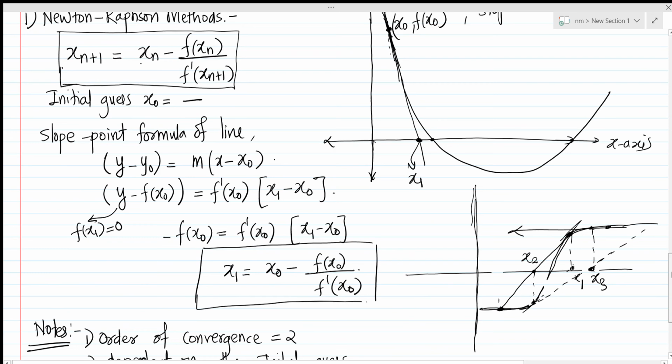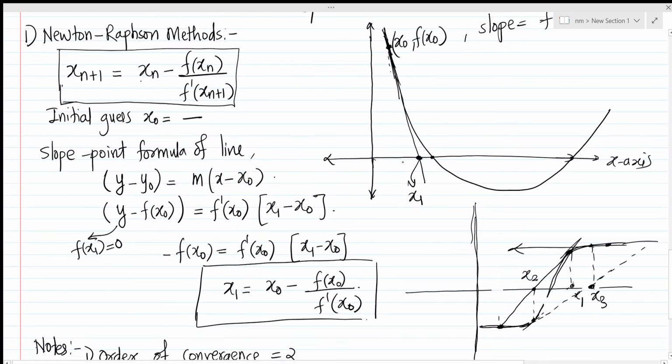And here we will see one thing: the x1 value, the iterative value, completely changes. It's a new update, not like the bisection method.